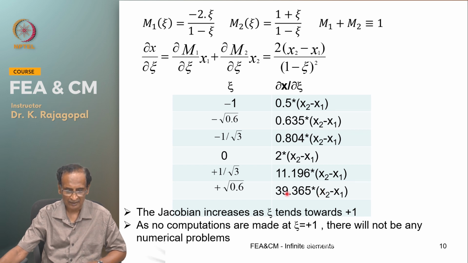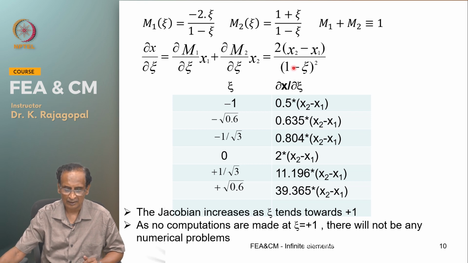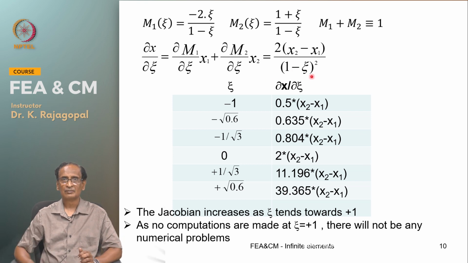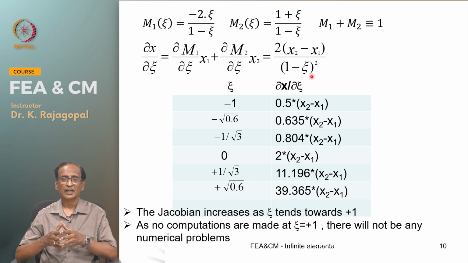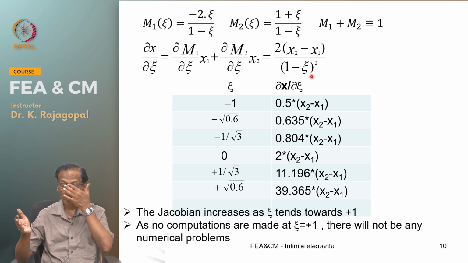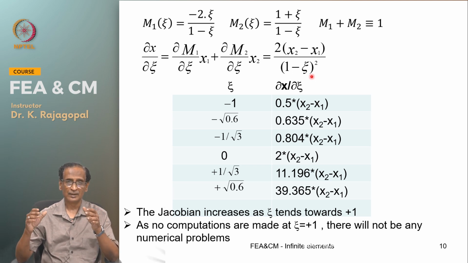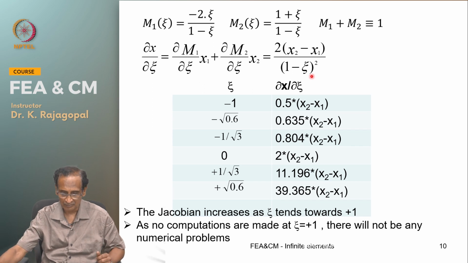Although we have the singularity at xi of plus 1, we will not have any numerical problems, because we are not going to use any sampling point at xi of plus 1, and we are also not going to compute any stresses or strains at xi of plus 1. So, we should not have any technical issues by using this type of singular mapping functions.